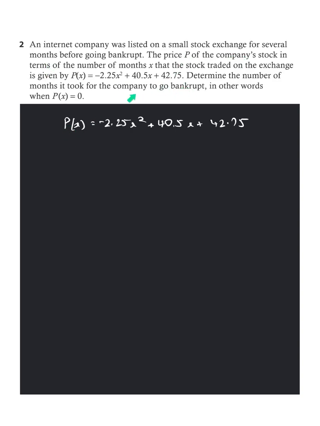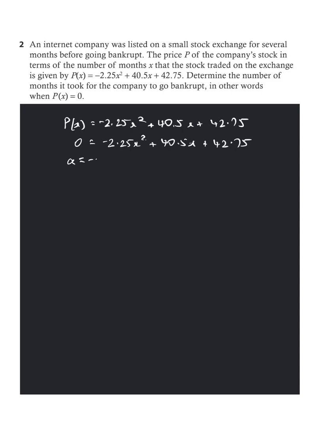When it goes bankrupt, it's got 0 money, so P(x) equals 0. We're going to equate this to 0. 0 equals minus 2.25x squared plus 40.5x plus 42.75.